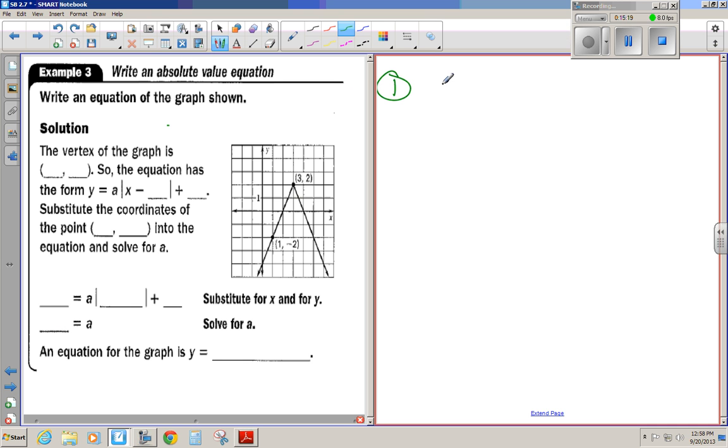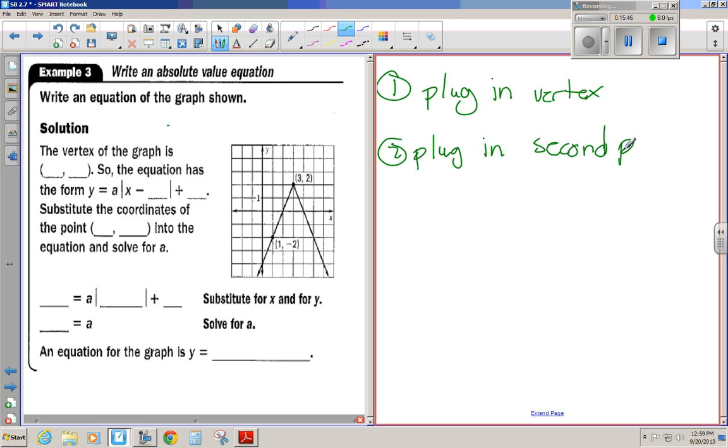Step 1, plug in the vertex. Step 2, plug in the second point, solve for a.